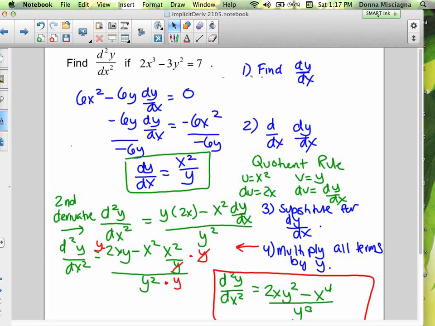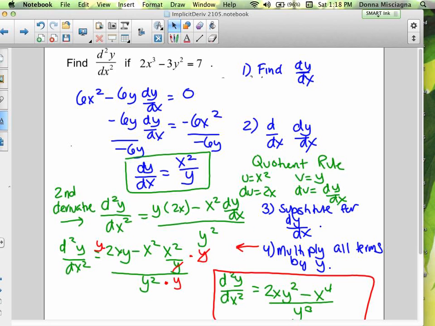So you see, we take the first derivative, and then you just take the second derivative. By the way, because you have dy dx isolated, your second derivative is already isolated. d2y dx2 is already isolated for you.